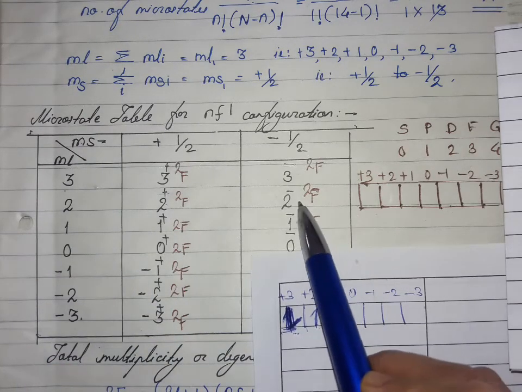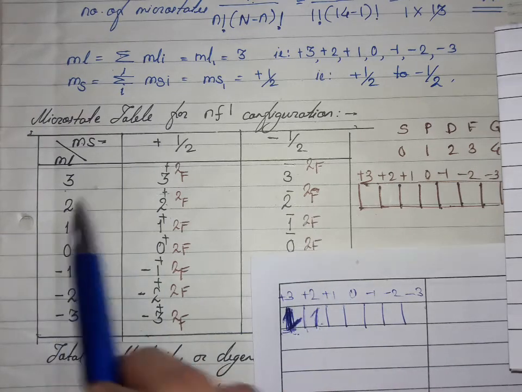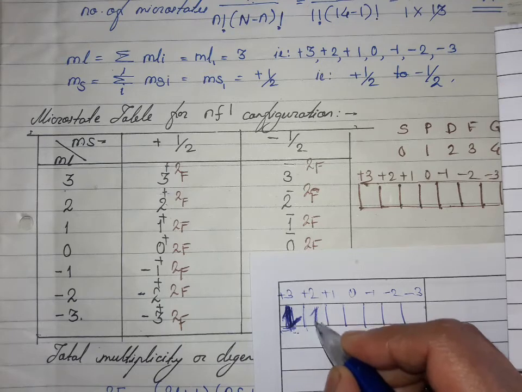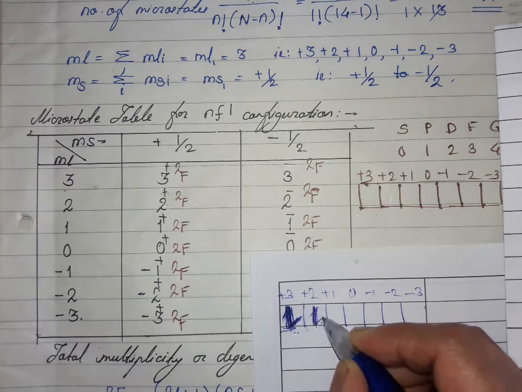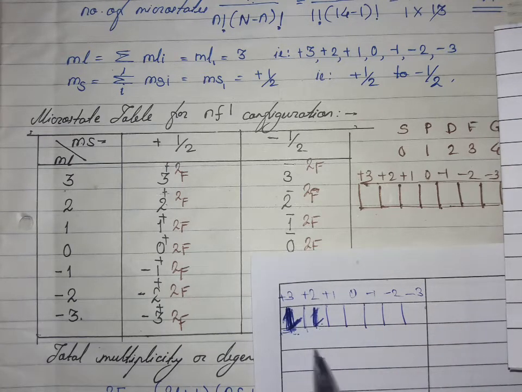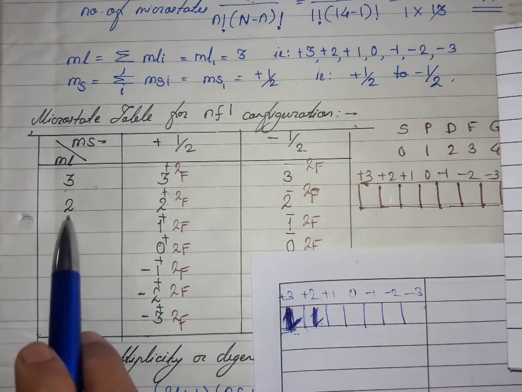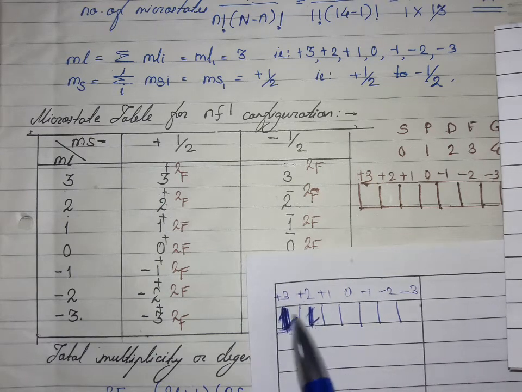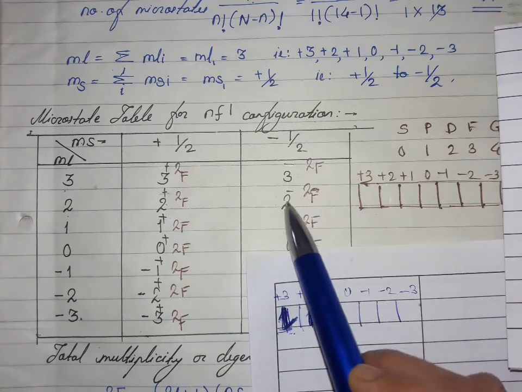Now in this case ml is 2 and ms is -1 by 2. Now put that electron in the inverted position, then you will get ml, the orbital number, that is +2, and ms is -1 by 2.